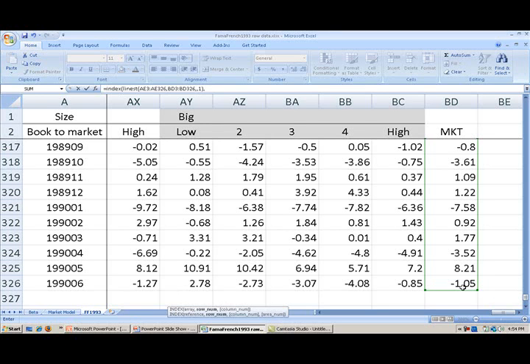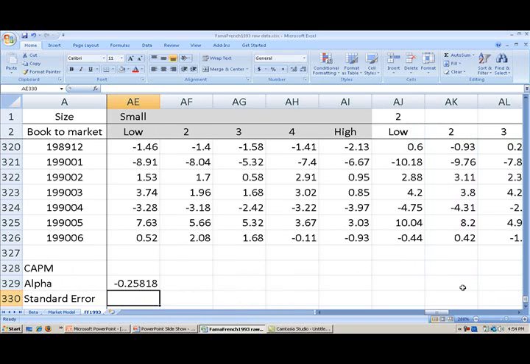Now we just have to tell Excel where the INDEX function has to look. And we know that to get the intercept value, we want to look in row 1, column 2. Close the brackets, hit enter, and we now have our estimate of the alpha.